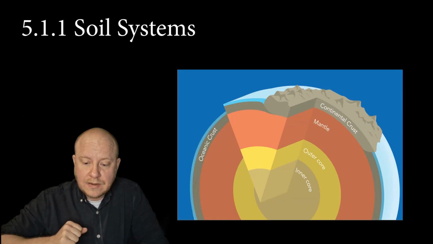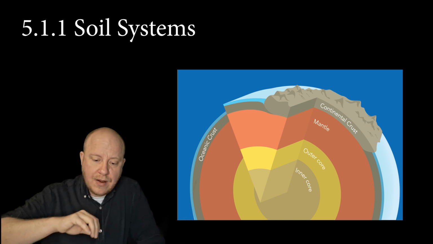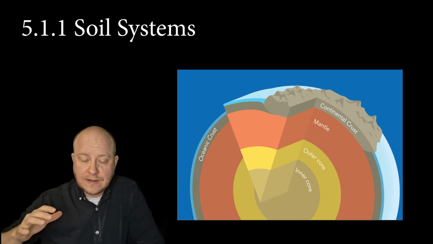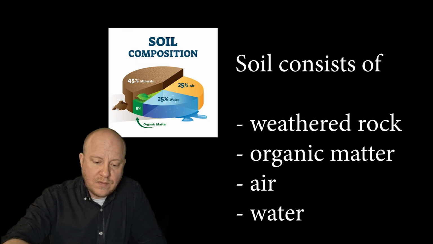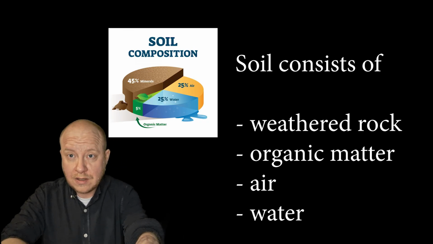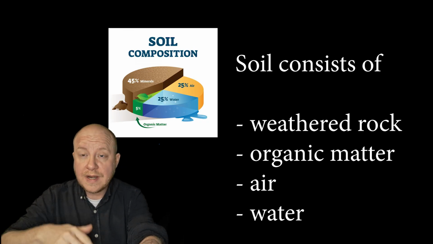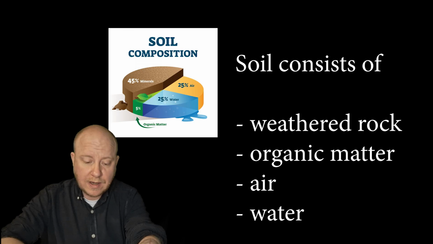5.1.1. Soil systems. Soil forms the outermost layer of the Earth's surface and consists of weathered rock. That means rock that's been worn down by wind and rain, right?